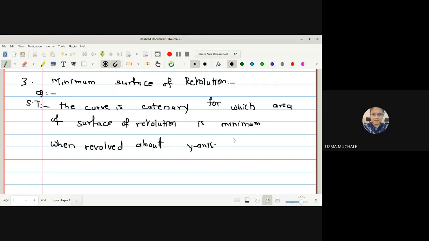Yes, have you heard the term catenary? Yes, no one knows what a catenary is.